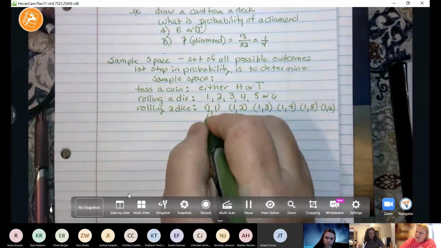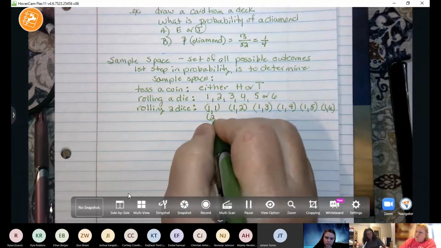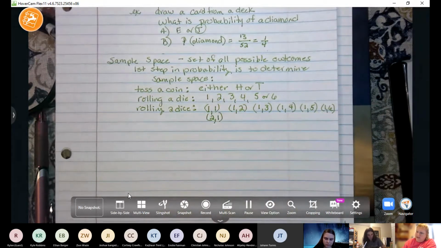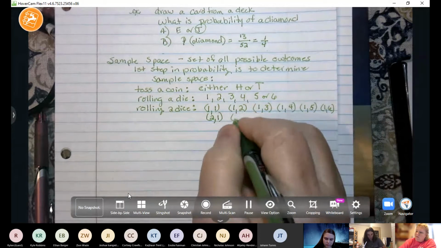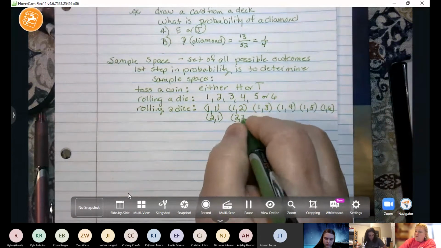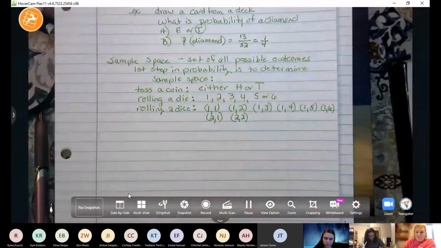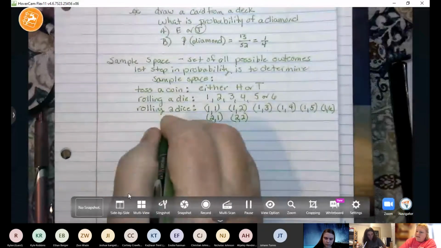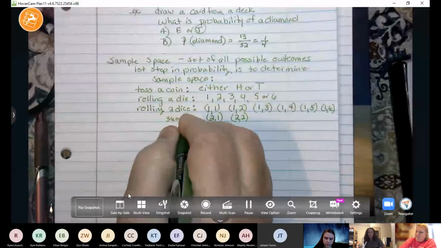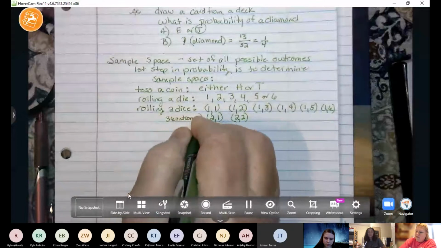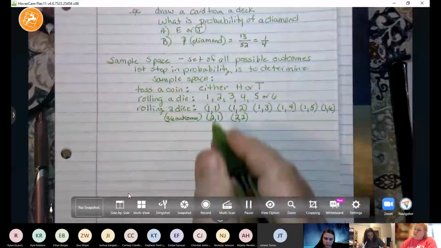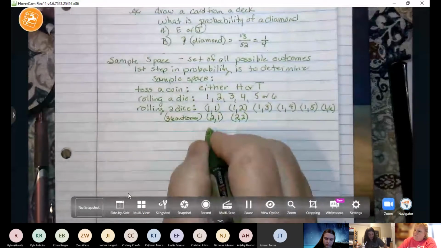And then we could have a 2 on the first roll with a 1. And then we could continue that table, a 2 with a 2, and so on. So we could get a long table, and we would get 36 outcomes when we have 2 die once we created our table.